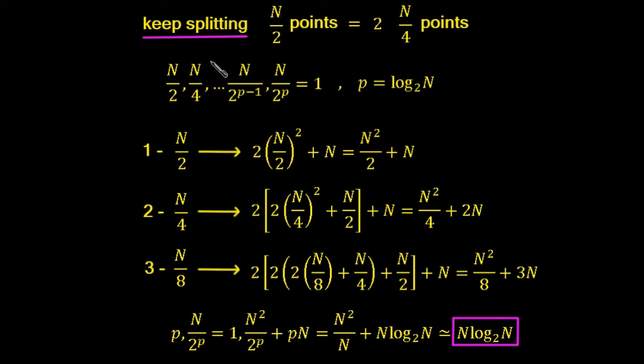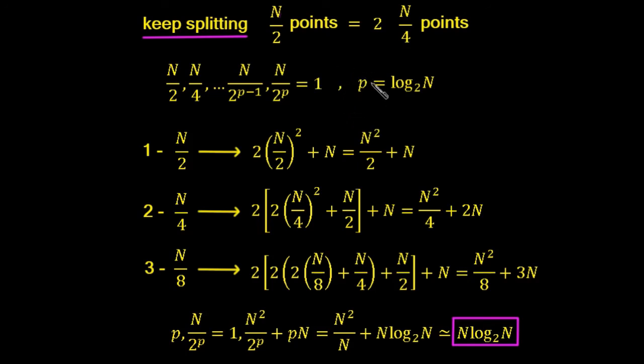So in generality, we could split something down into n upon 2, n upon 4, n upon 8, n upon 16, 32, and so on and so forth. So you could have a value of n over 2 to the power of p, and eventually that would give you a value of 1, and you couldn't split it any further. So therefore you could rewrite this and say that the value of p would be equal to log to the base 2 of n.